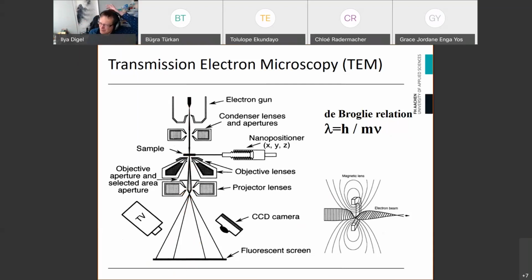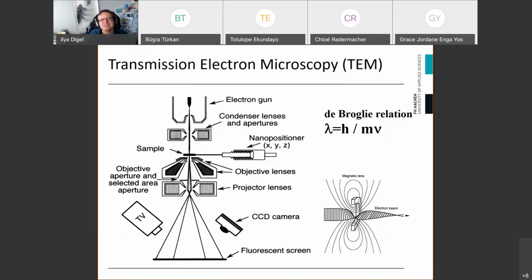And then you say, wait a moment, how come it just goes through one part of my sample? Here's my sample, and if I have one single electron, it just goes through, and I have no idea what the other regions look like. It's just one point.